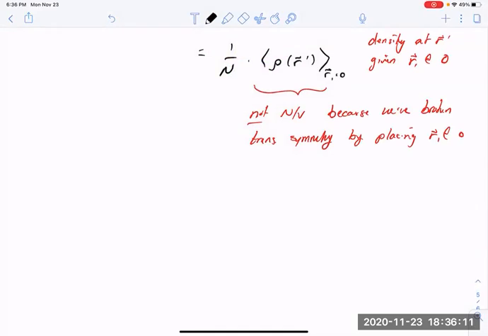So let's define this quantity, rho times the G of R, as this conditioned density.